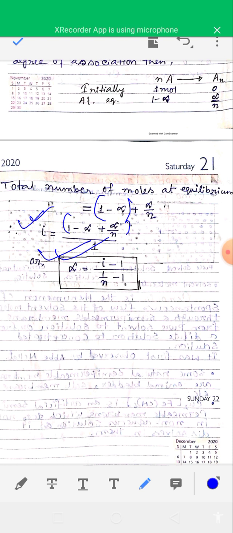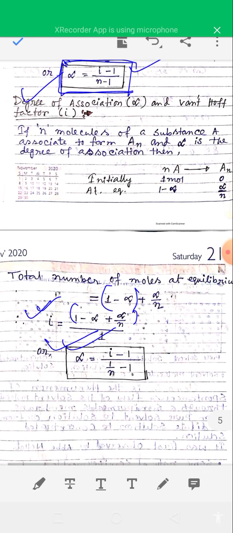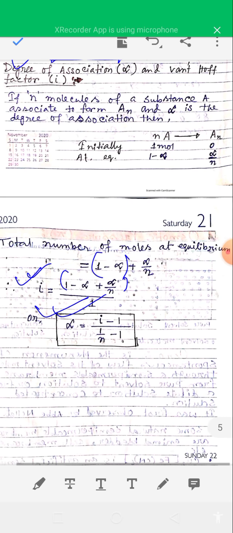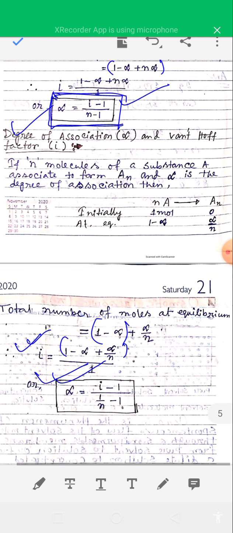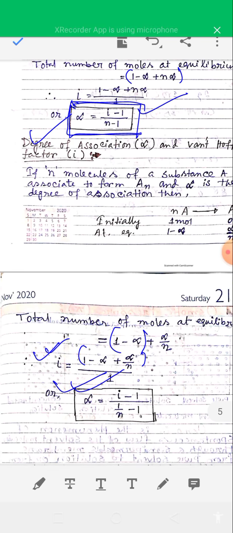After rearrangement we get alpha, the degree of association, is equal to (i minus 1) divided by (1 by n minus 1). Here alpha is the degree of association, i is the Van 't Hoff factor, and n is the number of molecules associated.